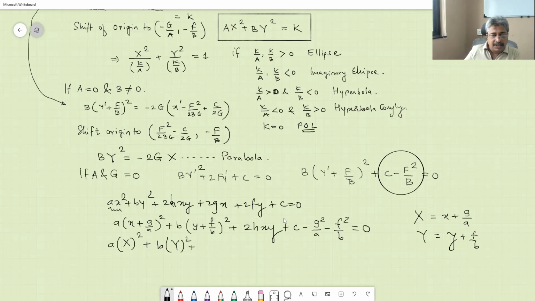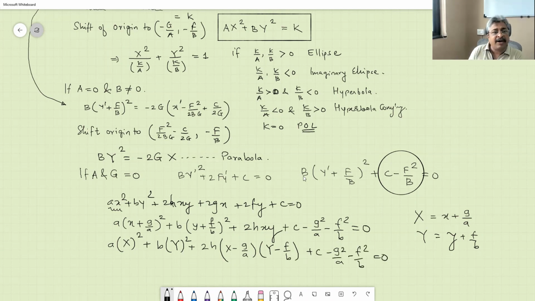Okay, plus now what will happen to 2h into... I am supposed to substitute x minus g by a into y minus f by b, plus c minus g square by a minus f square by b is equal to 0.